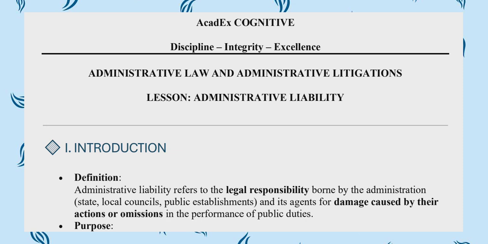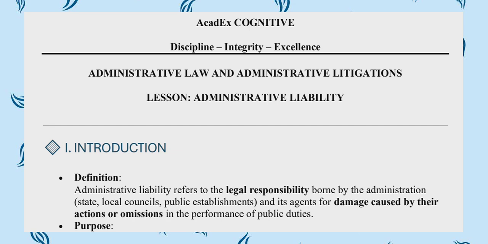So now, what is administrative liability? Administrative liability refers to a legal responsibility borne by the administration. The administration here refers to any state person, the state authority, a local council, a public establishment, and so on.